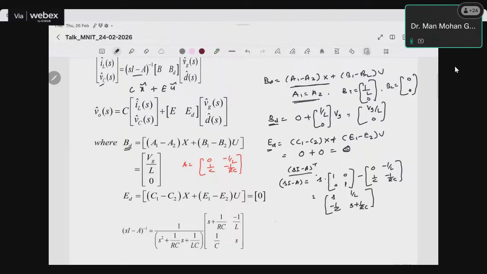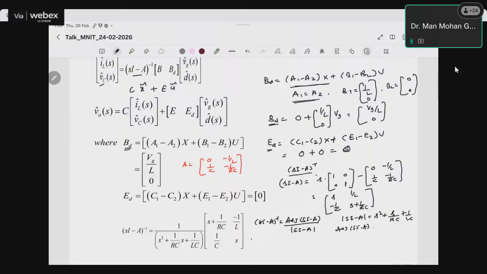Now if we want to find SI minus A inverse, that is the adjoint of SI minus A divided by the determinant of SI minus A. The determinant of SI minus A is just the multiplication: S square plus S upon RC plus 1 upon LC. But what is the adjoint of SI minus A?